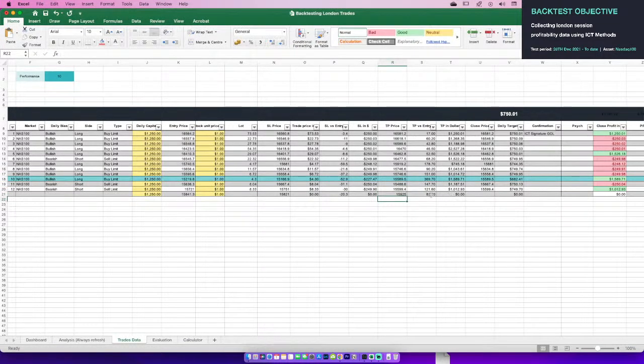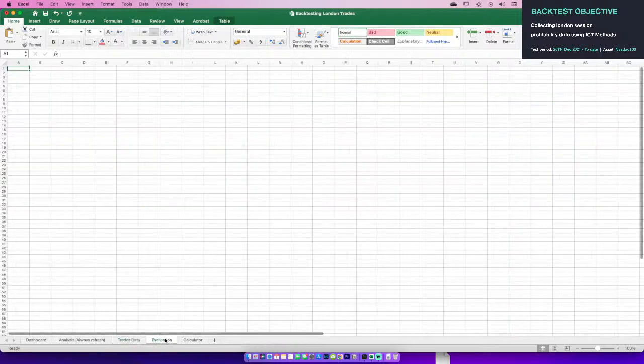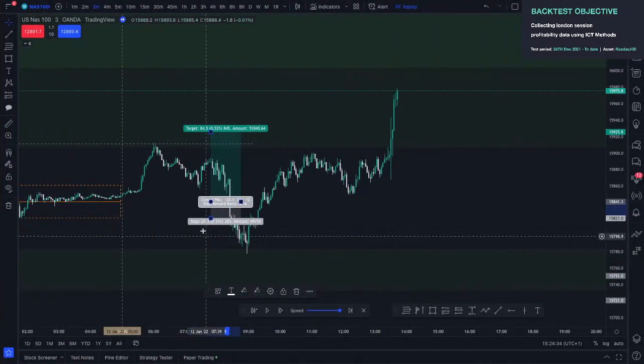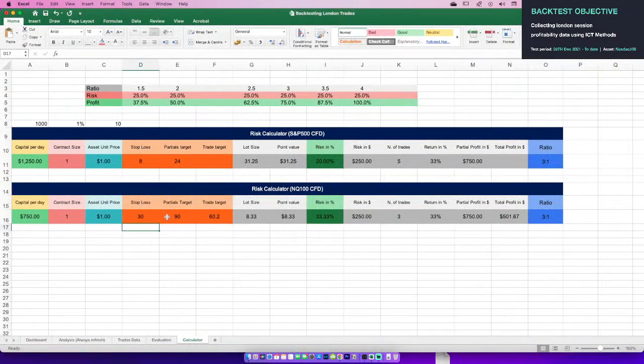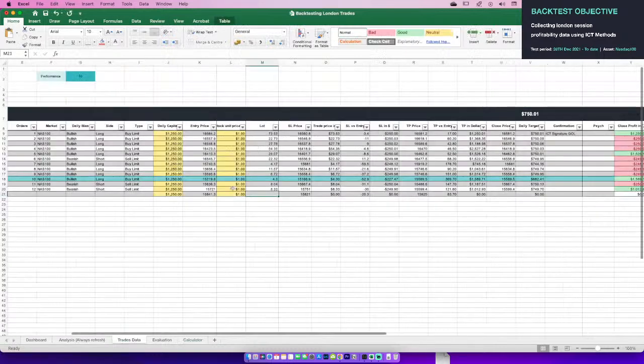And the TP in dollars, I don't have the stop loss, so 20.3. That's 12. And I got stopped out at the 15,821.